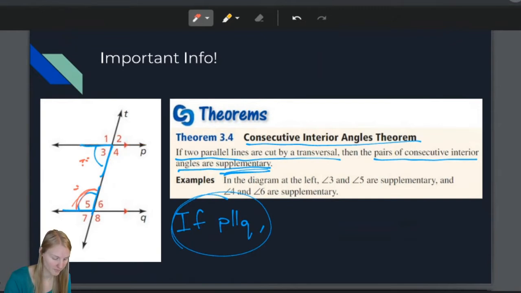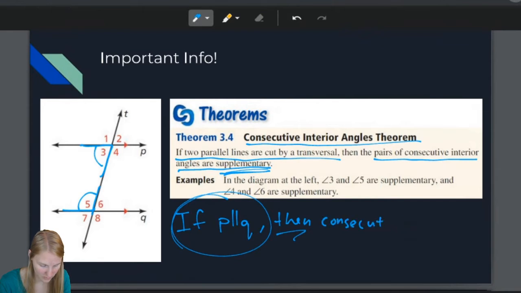And they are. 3 and 5 are supplementary. So, if P is parallel to Q, then consecutive interior angles are supplementary.